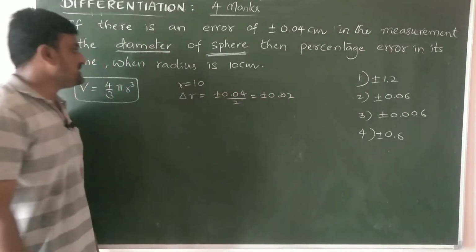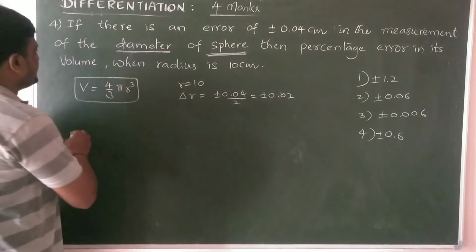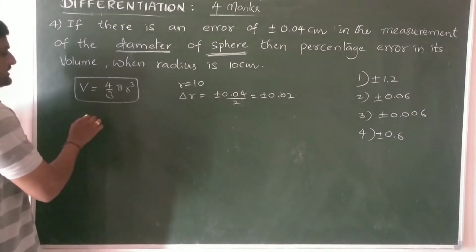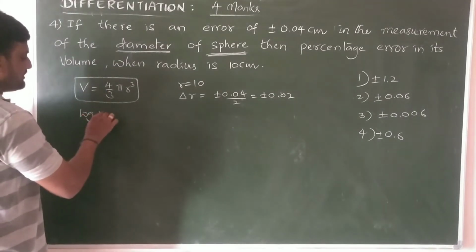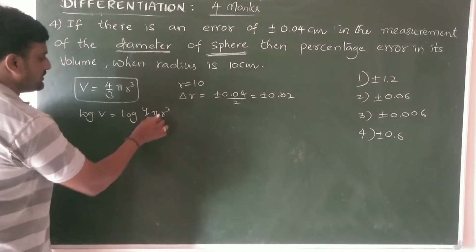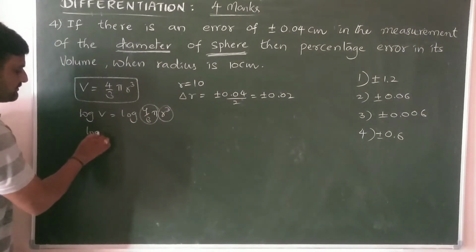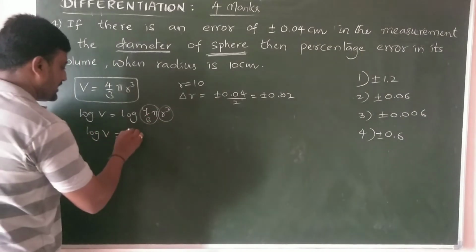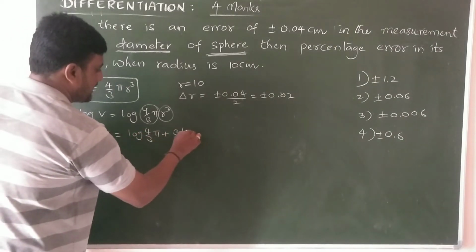By using these two values, we can find the percentage error in volume. Same as the previous problem. Now applying log V equals log of 4 by 3 pi r cube. Then log V equals log 4 by 3 pi plus 3 log r.